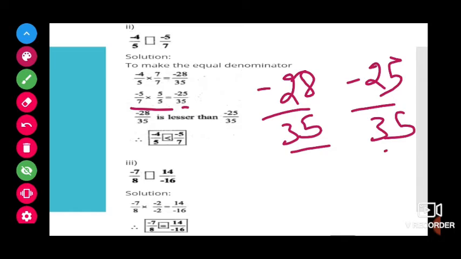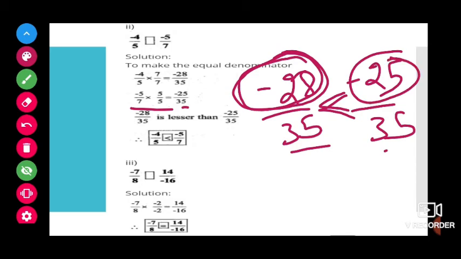Even in our lives also, if we are having more negative qualities, then our value will come down. Same way, you are also having more negative is lesser number. So this minus 28 is more negative. So always it will be less than this. Okay. So minus 28 by 35 is lesser than minus 25 by 35. So the actual forms of this is minus 4 by 5. No? So minus 4 by 5 is lesser than the minus 5 by 7.